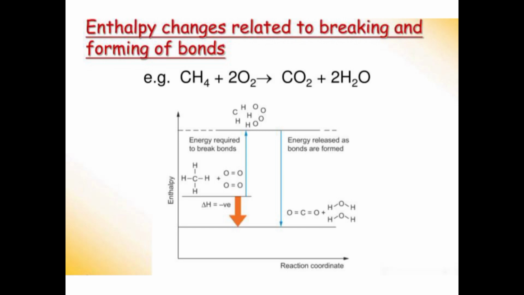And then at the activated complex, this is how they are orientated, and this is how they form. And then as they move to the product, energy is also released. So energy is absorbed to break the bonds so that they can move to the activated complex, and then energy is also released as the new products, CO2 and H2O, are being formed.